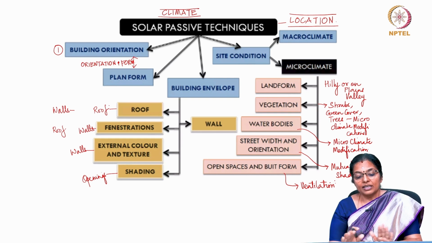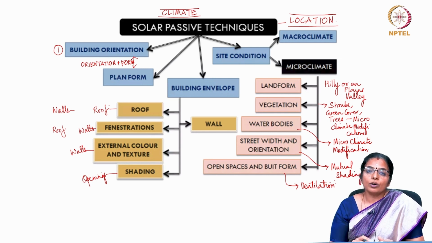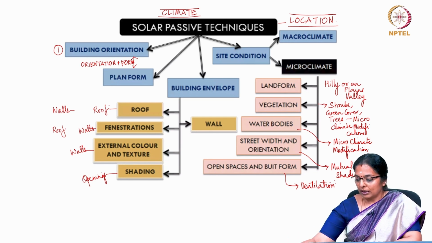So, these are the ways in which we as architects can see what all aspects about the site and our response to the site can alter the endothermal performance of the building.